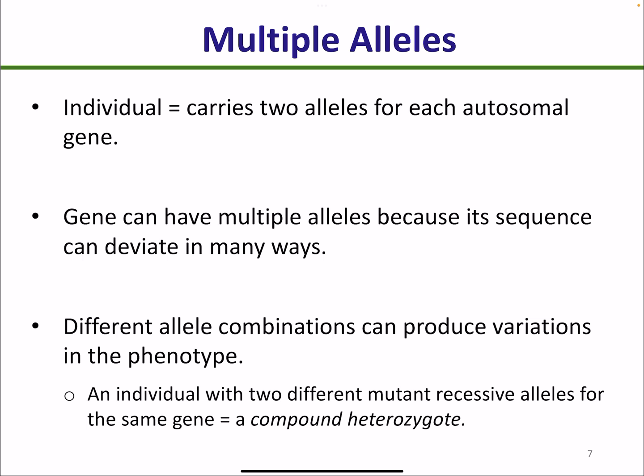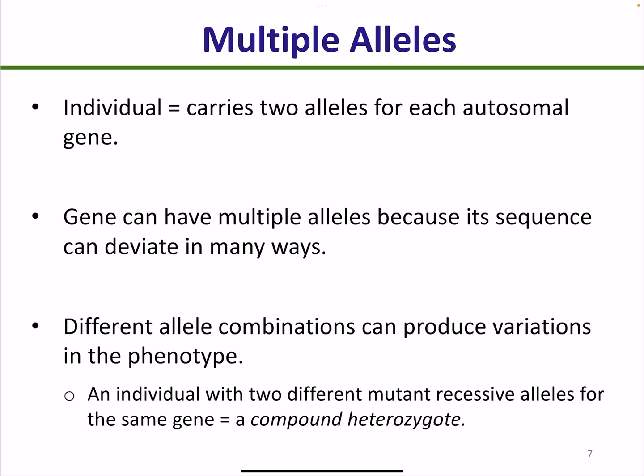All right. In a case with multiple alleles, individuals are going to carry 2 alleles from each autosomal gene or each autosomal chromosome, right? So 2 alleles. Now, when we look at the population though, there are multiple versions of alleles in the population, right? Which is actually going to cause things to not look so simple, so clear cut.